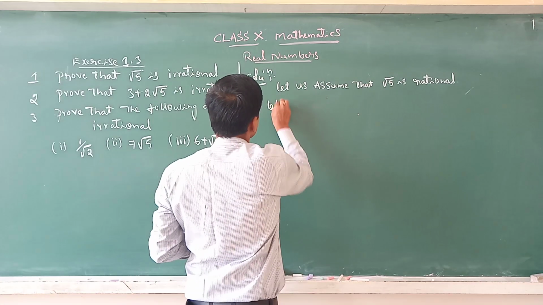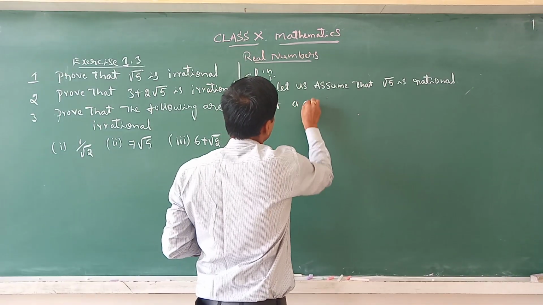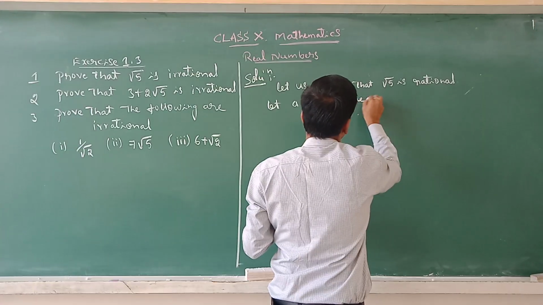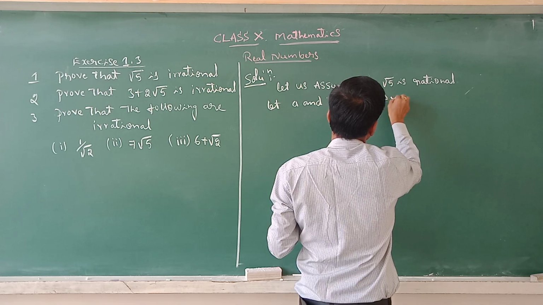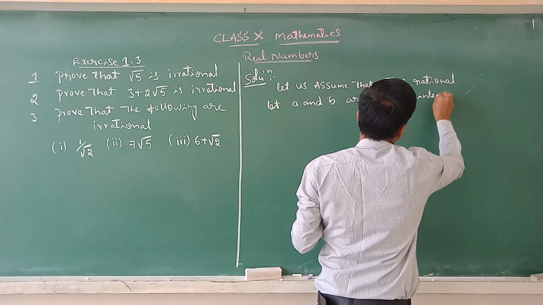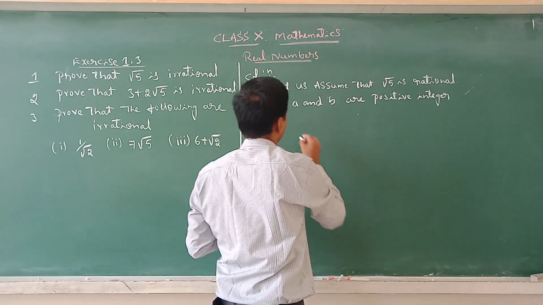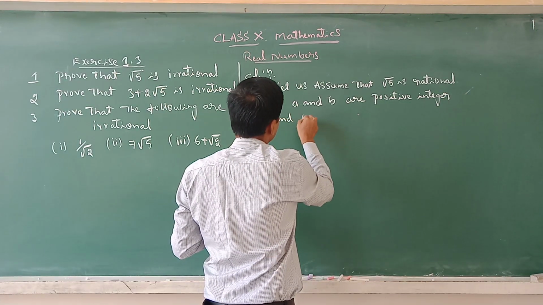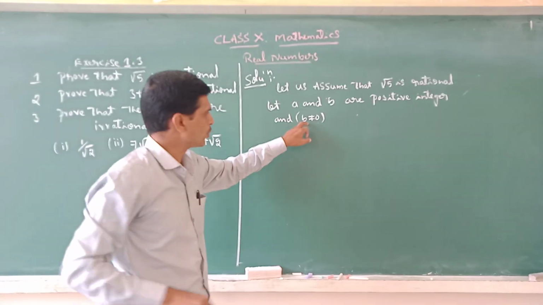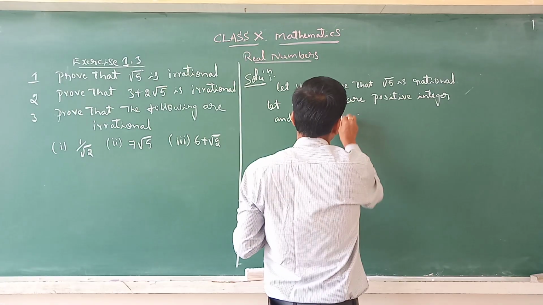So now let a and b be positive integers, where b is not equal to 0.